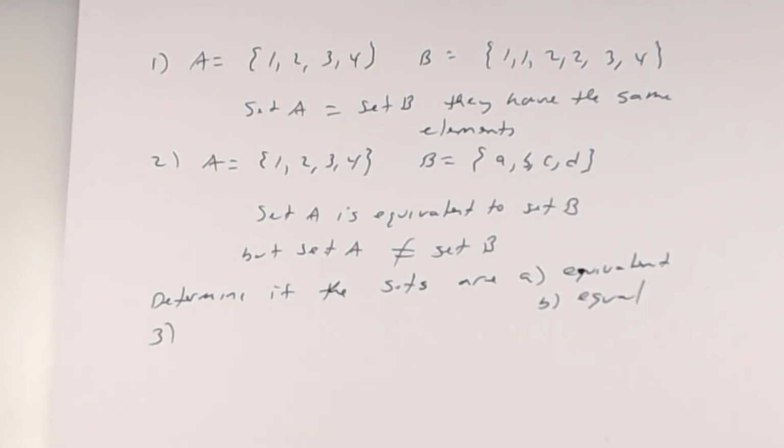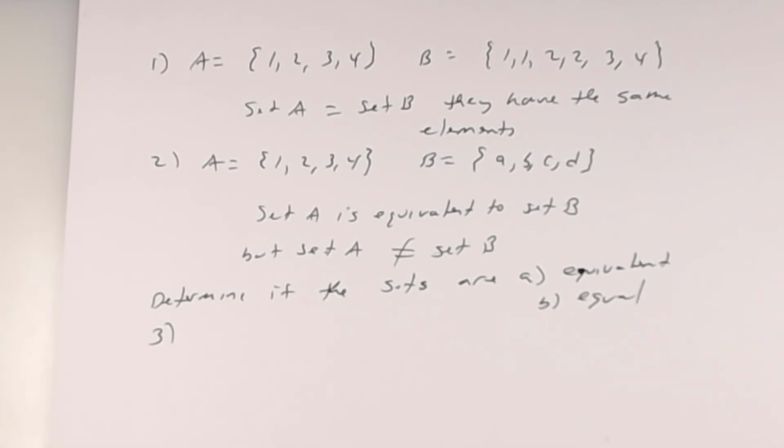So for each one, you're going to say for letter A, are they equivalent or not? For letter B, are they equal or not? Okay? So remember, equivalent has to do with what idea? Cardinal number. Equal has to do with exactly the same elements. Okay? So let's look at number 3.